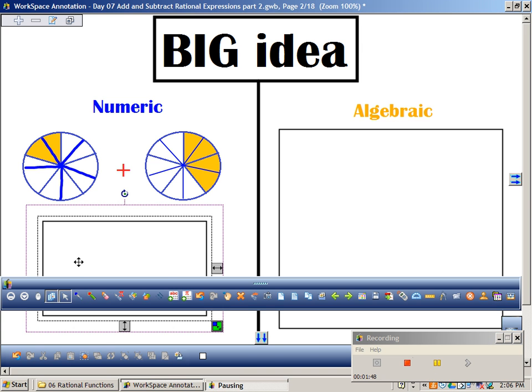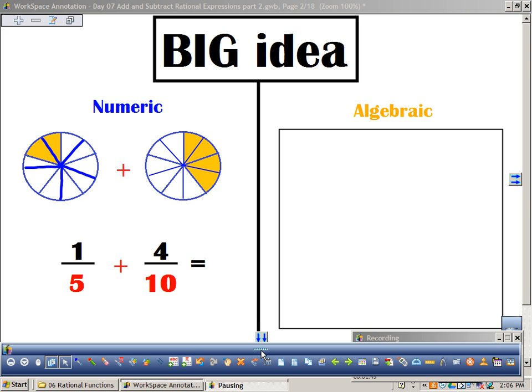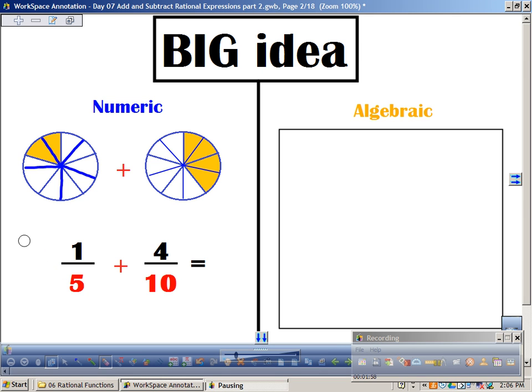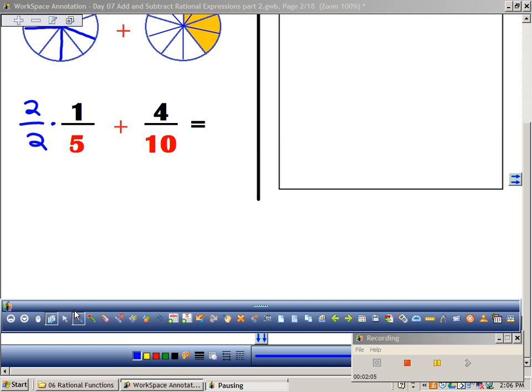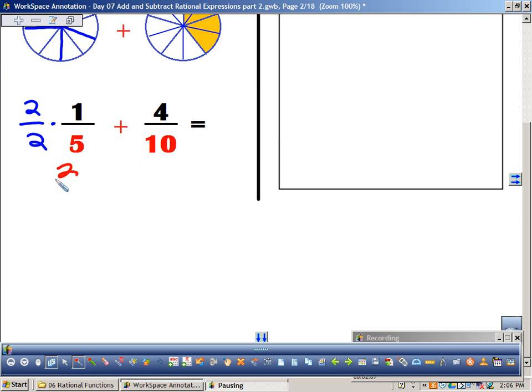Okay, so if I look at this using math, it looks like this, right? 1/5 plus 4/10. I need to make this bigger by 2. I'm going to multiply by 2 over 2. And then I'm left with 2 over 10 plus 4 over 10 equals 6 over 10, right?